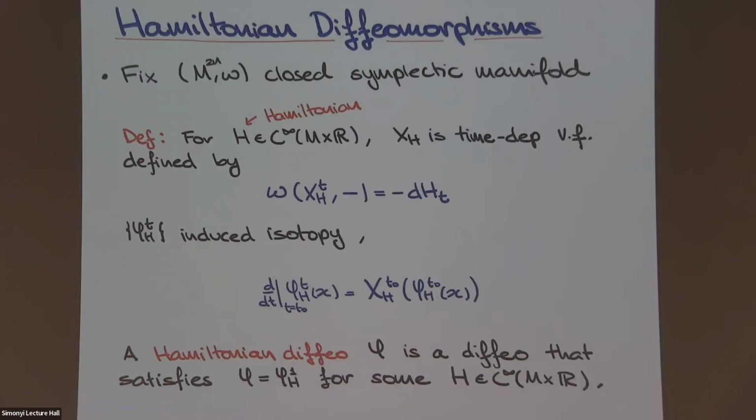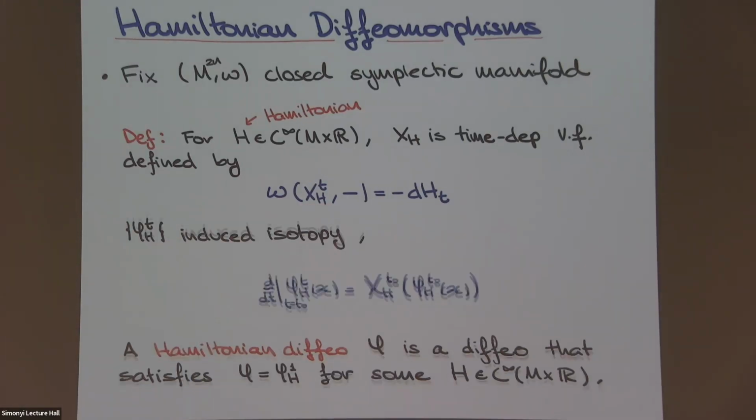So what's a Hamiltonian diffeomorphism? Well, if you have a time-dependent function on your closed symplectic manifold, then by Hamilton's equation you induce a time-dependent vector field, the Hamiltonian vector field, and Hamiltonian diffeomorphisms are diffeomorphisms which are given as the time one map of the induced Hamiltonian isotopy.